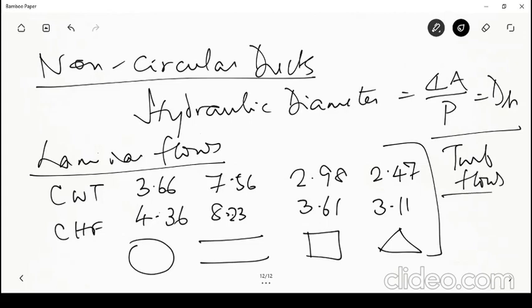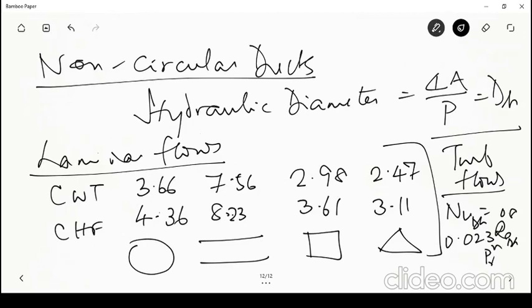Whereas in the case of turbulent flows, you still use the Dittus-Boelter equation. Nu_dH is 0.023 Re_dH to the power of 0.8 times Prandtl number to the power of n.